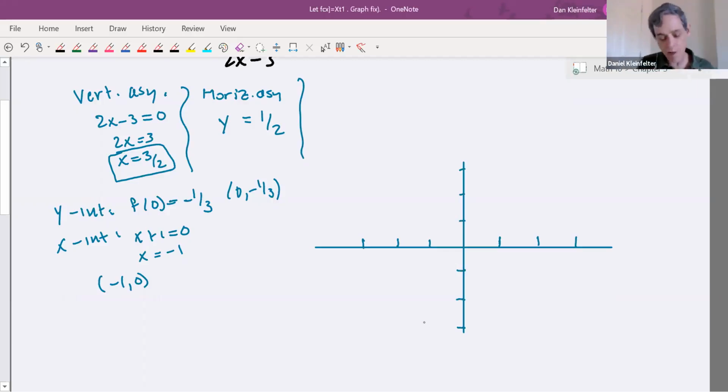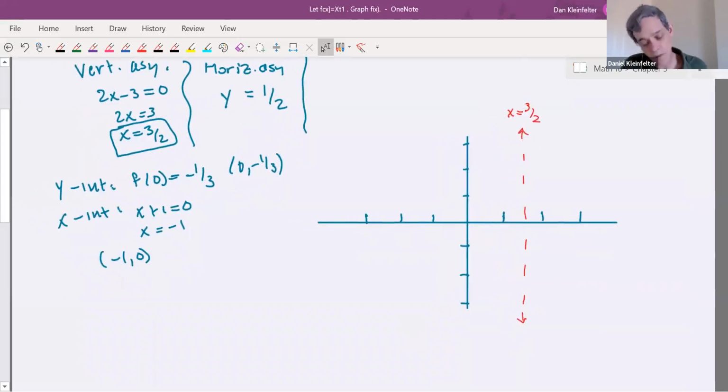Okay, so let me put on those vertical asymptotes first. There's only one, it was at 3/2. Okay, so let's draw that on. I like to write the equation of the asymptotes as well. So that was x equals 3/2. Our horizontal asymptote was at y equals 1/2.